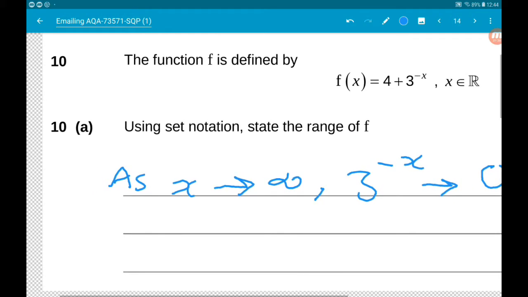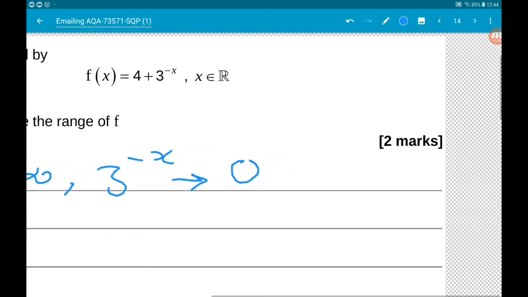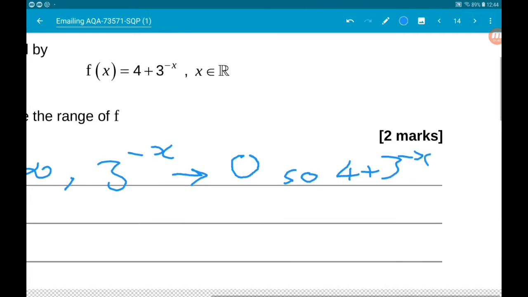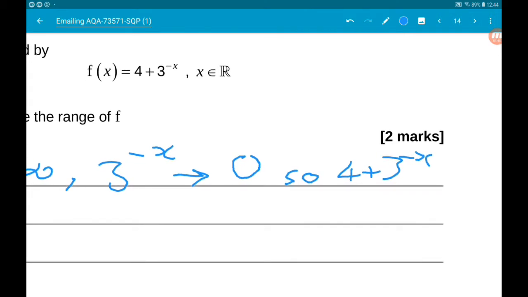What that means is that 4 plus 3 to the minus x is tending to 4.